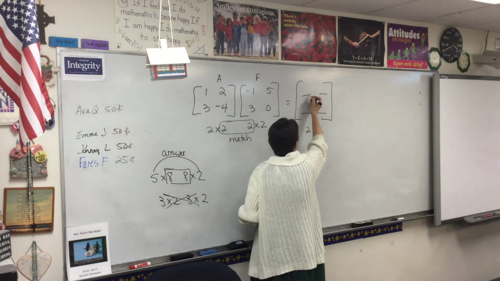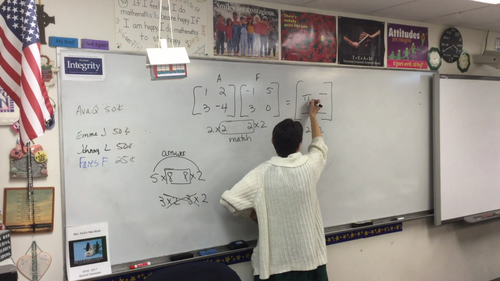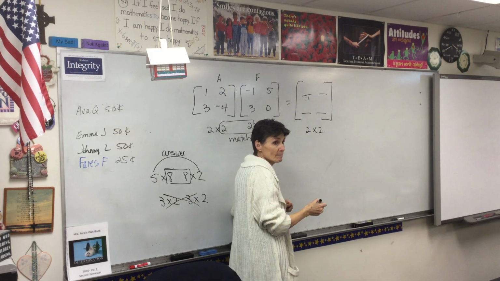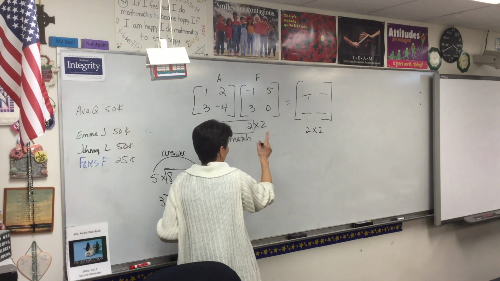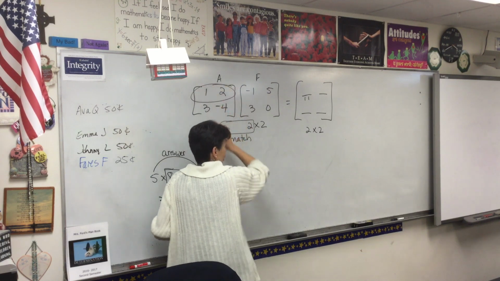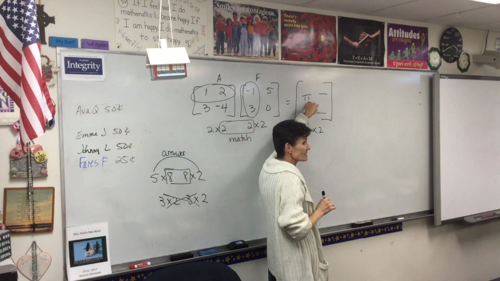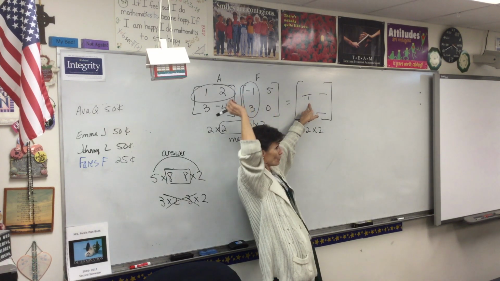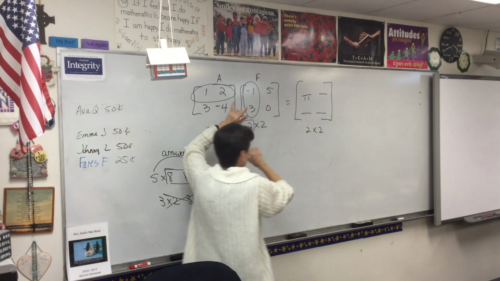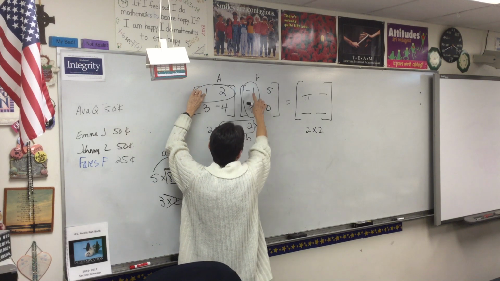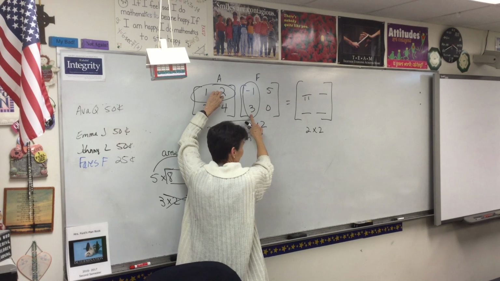This number right here is in the first row, first column spot. Would you agree with me? So we are going to multiply the first row times the first column. To get this number, we're going to use the first row and the first column. We will multiply this times this, and this times this, and add that up.